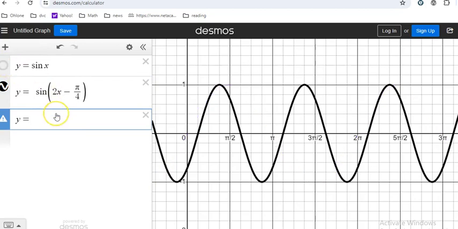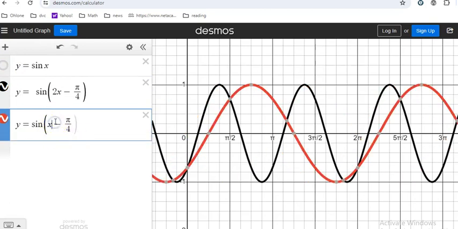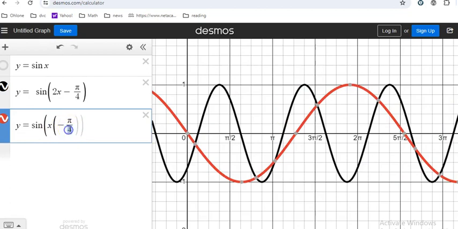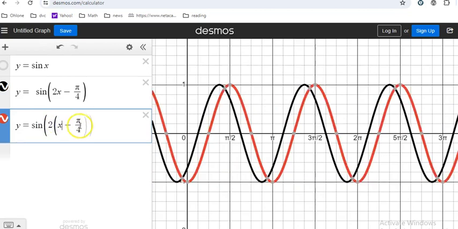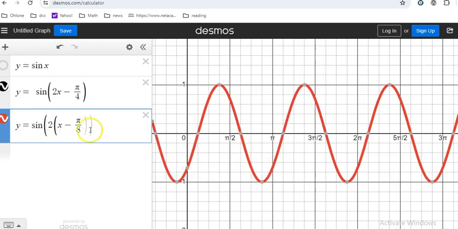Make sure the x minus pi over 4 has the 2 inside, so pi over 8. You can see that they are both the same.